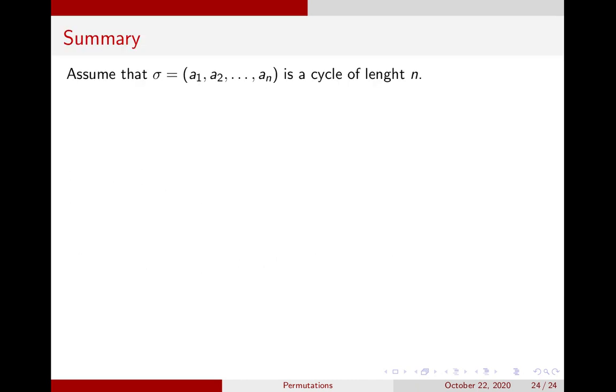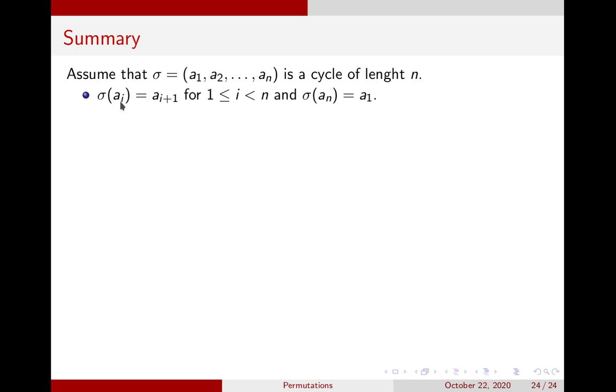So here is a quick summary of the video. Assume that sigma is a cycle of length n, consisting of the numbers a1, a2, and so on through a sub n, in that order.